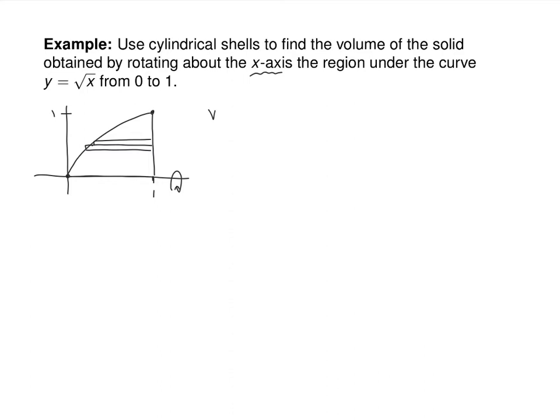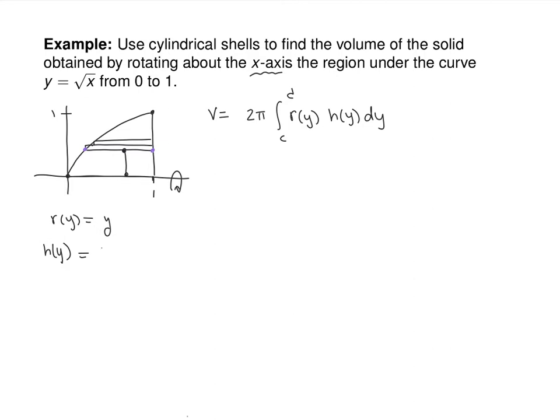And you have to think, okay, my volume is 2 pi integral from some c to some d, radius, height. Okay, now the radius in this case, distance from axis of rotation out to random slice, that's just y. Now the height here is a bit tricky. Top curve minus bottom curve.